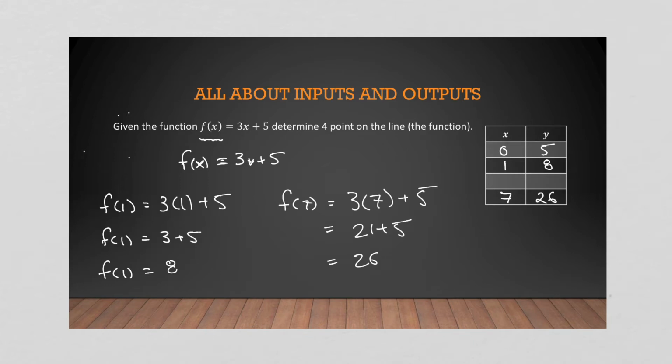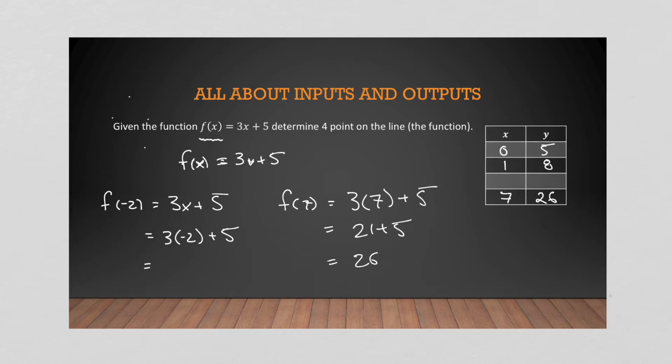And we can do one more. Let's do, okay, what about f of negative 2? So what is my output when my input is negative 2? Well, I just sub in negative 2 for x, and I end up with negative 6 plus 5, which is negative 1. So there I am. When x is negative 2, I'm at negative 1.